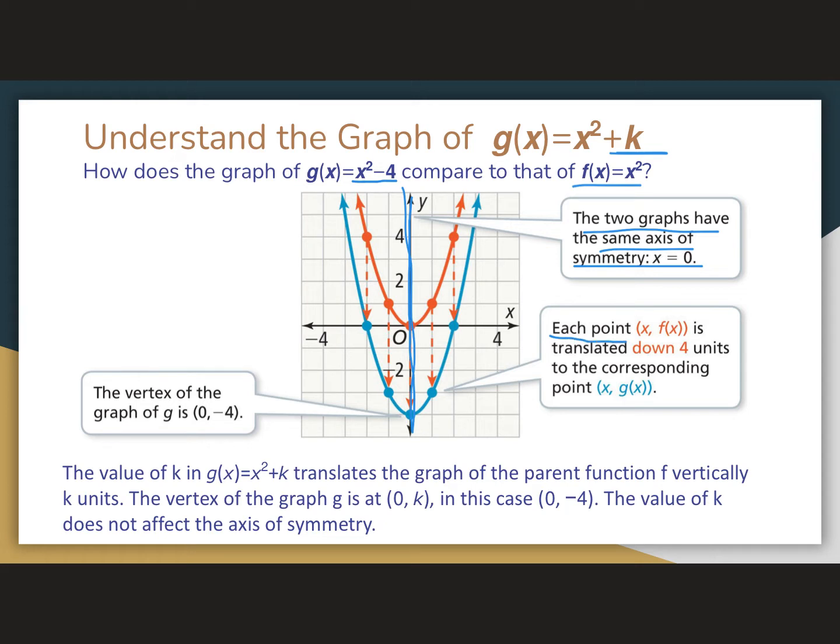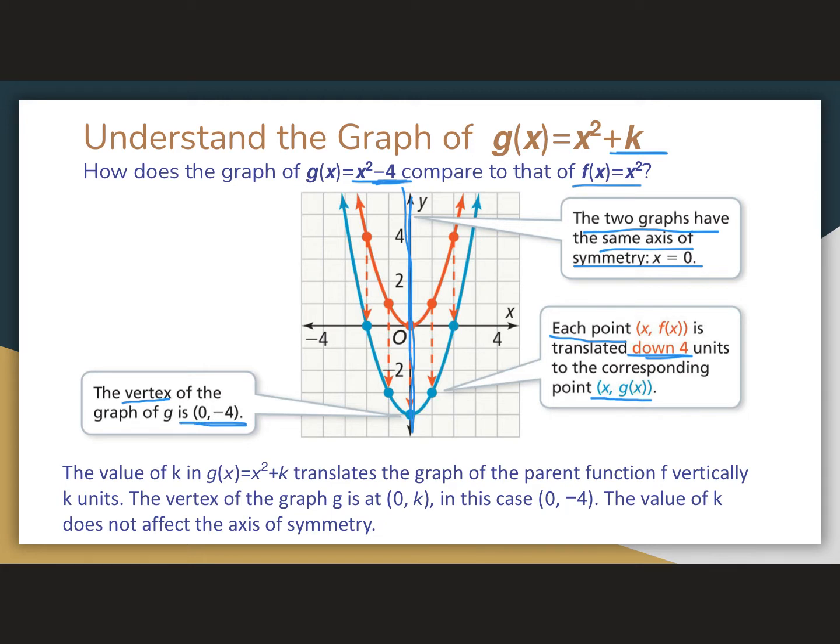Each point is translated down 4 units. So this minus 4 corresponds to it being down 4 units on the corresponding points. Finally, the vertex of the graph is at 0, -4.